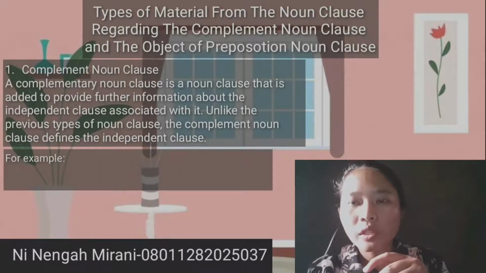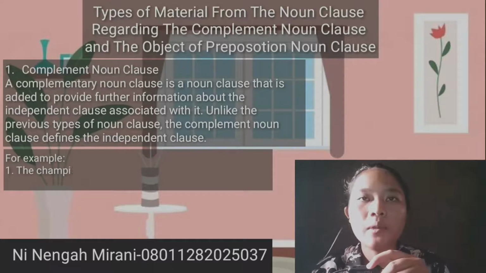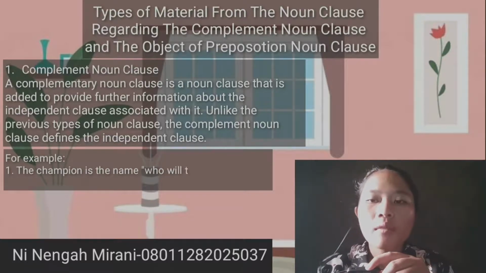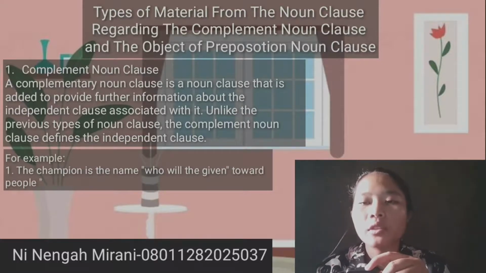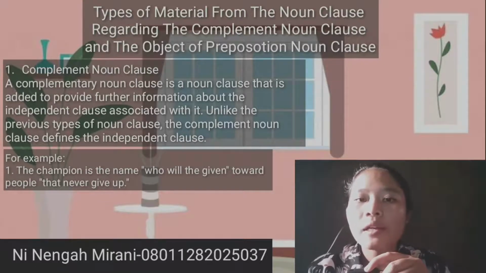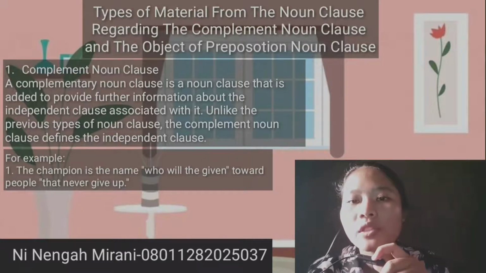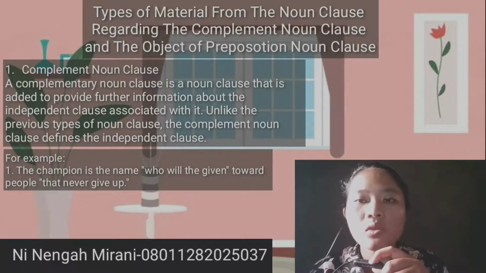Untuk contohnya sendiri yaitu example number 1. The champion is named who will be given toward people that never give up, yang artinya sang juara adalah nama yang akan diberikan kepada orang-orang yang pantang menyerah. Nah, kenapa yang who will be given sama that never give up itu saya bold?